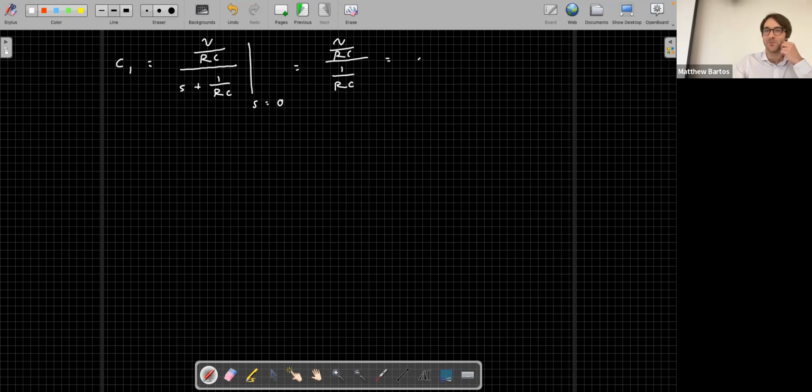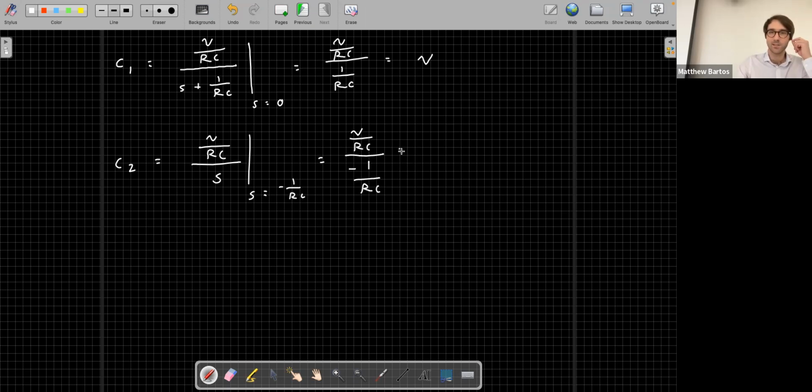Yeah, it'll just give us back V. Okay, 100 volts. And for C2, we have V over RC divided by S, evaluated at S equal to -1 over RC, which will give us V over RC divided by -1 over RC. That's just going to give us back -V.